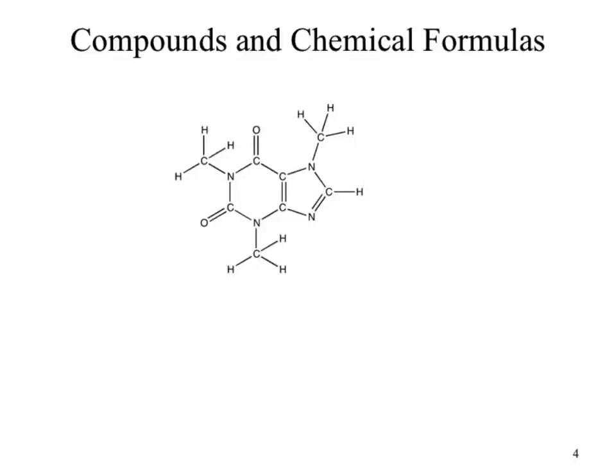That one's too simple. Caffeine. It's the structural formula for caffeine. I don't expect you to know that, but what I do expect you to do is recognize that this is kind of a confusing thing to look at, right? Do you want to spend the rest of the semester drawing out structures like this?